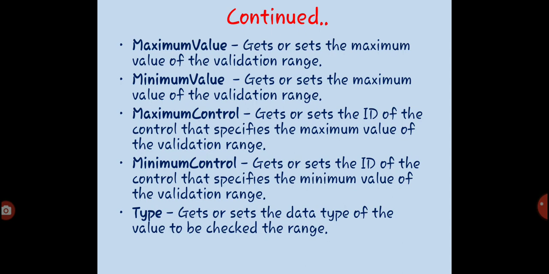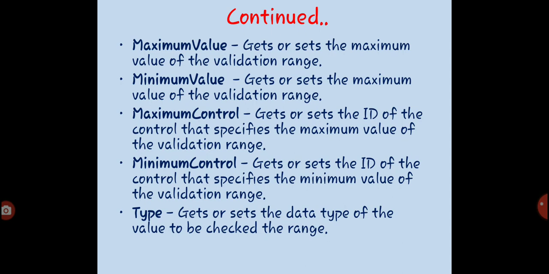So TextBox3 is the minimum control and TextBox4 is the maximum control. If we give the values straight away, it is minimum value and maximum value. If we take the values from other controls, the controls are referred instead of the values.